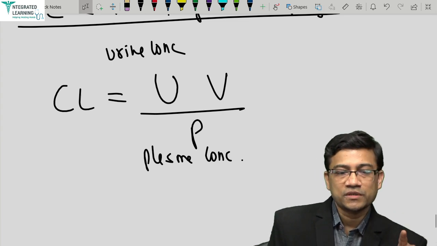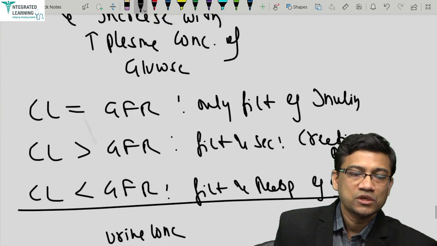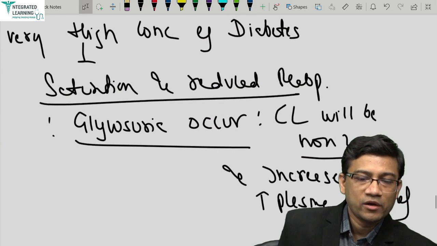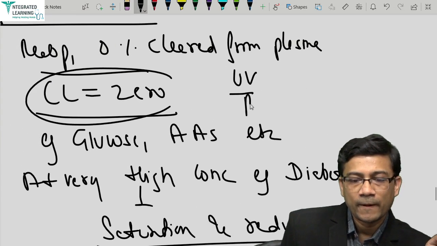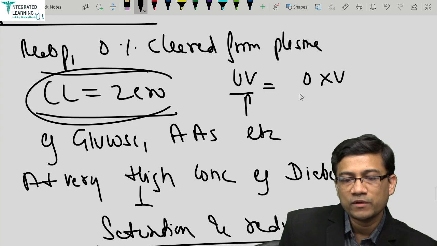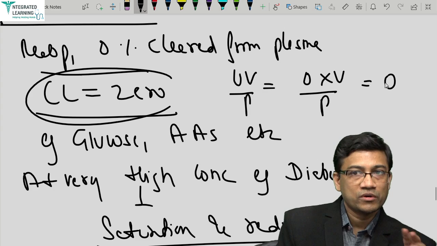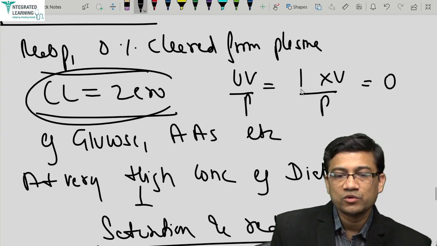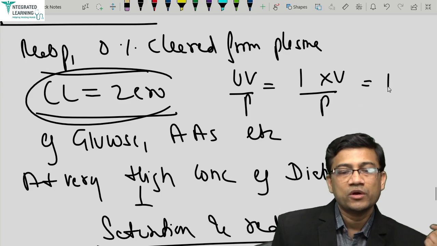If you do 100% reabsorption, urine concentration will become 0 and clearance becomes 0, for example glucose. Why is glucose clearance 0? Take the formula UV by P: since U is 0, 0 into V by P gives you 0, because the urine level is 0. But if it is non-zero, let us say 1, 2, 3, the clearance will not be 0, but whatever it is, non-zero.